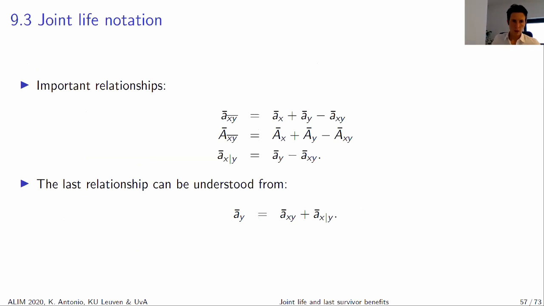So like I just said, if you look, for instance, at this reversionary annuity, then in order to write down the expected present value, we often write this product as a combination of other products that we know, that we are aware of. The first relation that we're explaining on the sheet is, what if I do this one? So this is an annuity, it's in continuous time, and it's paying as long as one of the partners is alive. Yeah?